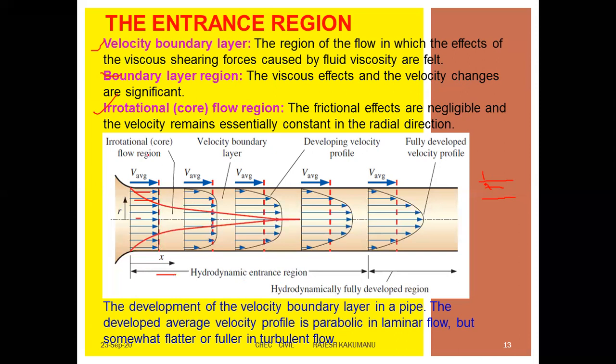So here is the irrotational flow region, up to here. The flow is straight up to this point, up to x. Whenever the irrotational flow region changes, it is converted into the velocity boundary layer, which affects the shearing forces caused by fluid viscosity.